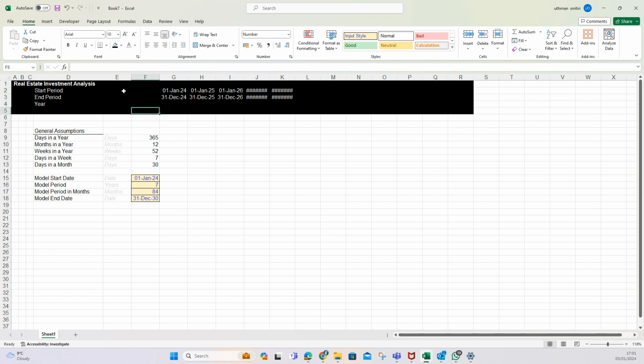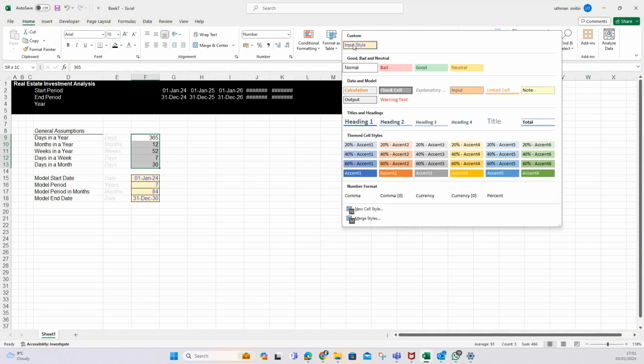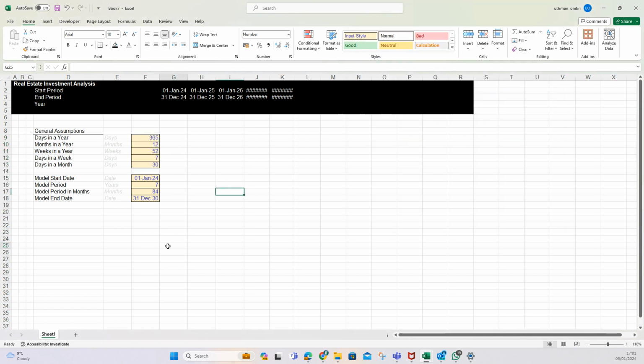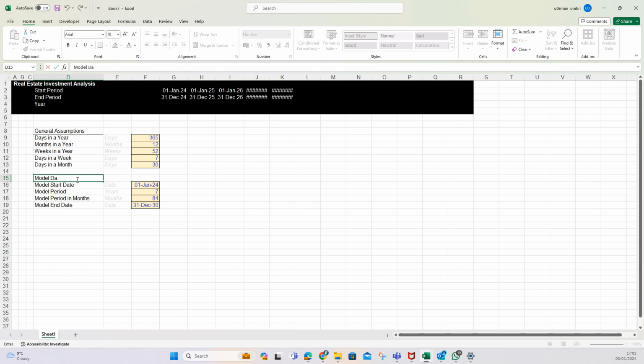So you can like to call these input units. Input style. Good. So essentially, wherever you see the yellow bar, it means that yellow bar is being fed into another part of the model. So we can call these model date assumption.